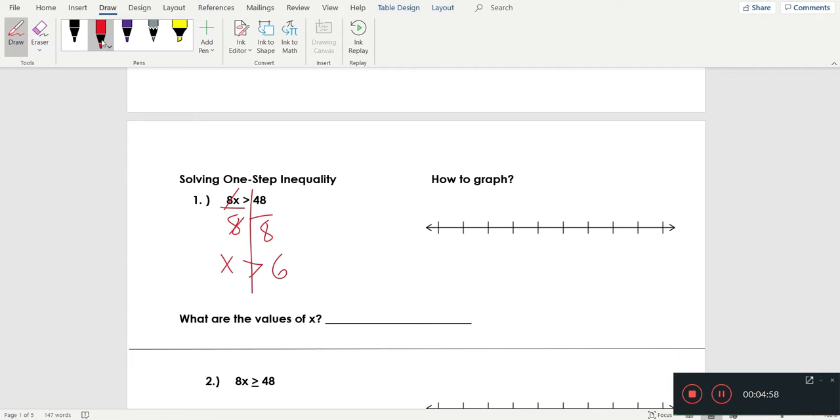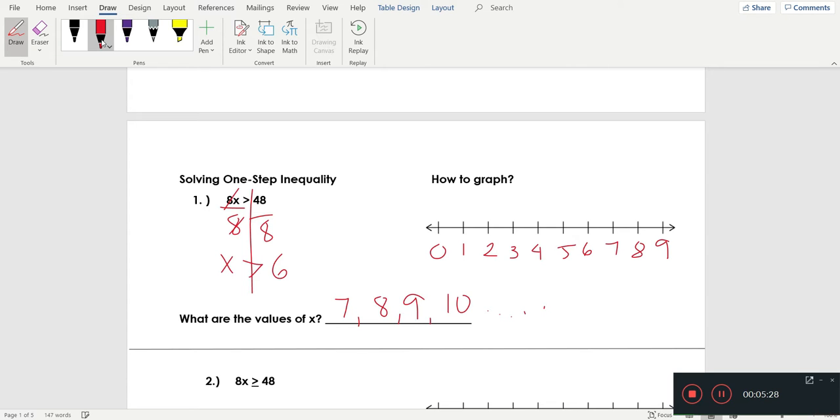So what are the values of x? The value of x will be any number that is greater than 6. So you have 7, 8, 9, 10, and so on, right? So here you have 0, 1, 2, 3, 4, 5, 6, 7, 8, and 9.